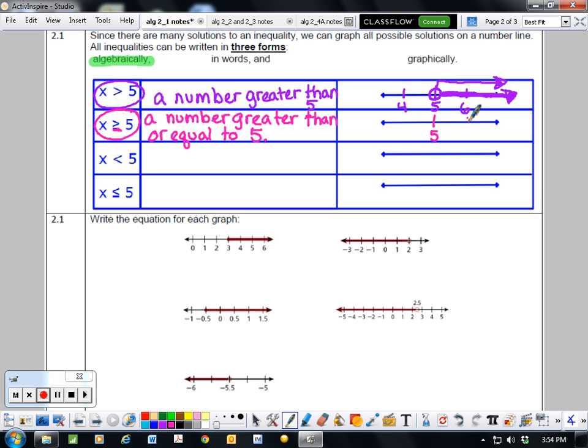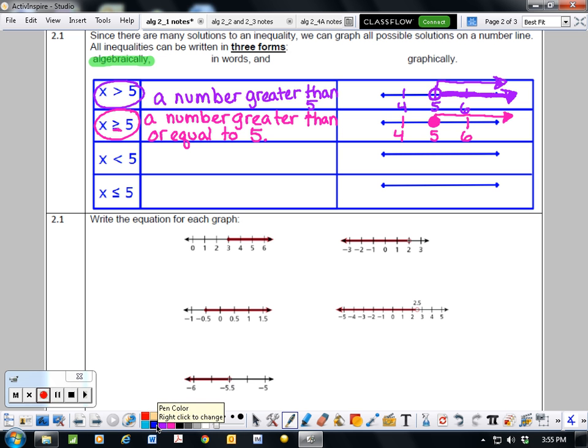We still illustrate a number on each side. And because now 5 is included, because 5 is greater than or equal to 5, what we're going to have is a closed dot on the number 5. And because I still want all numbers bigger than 5, my arrow is going to go towards all the bigger numbers to the right. And that's how I graph it.